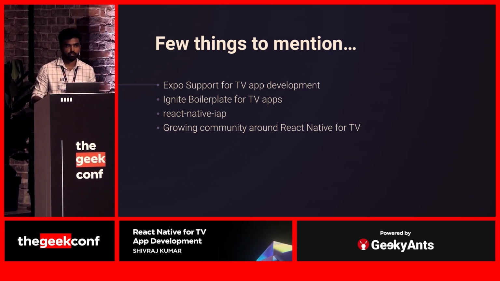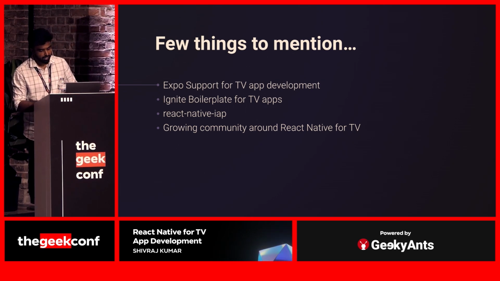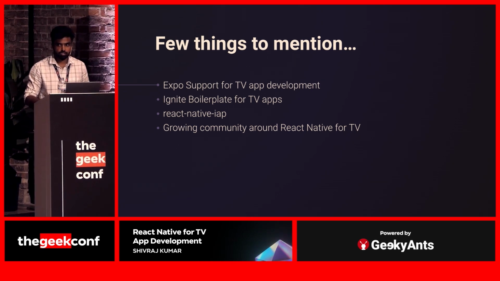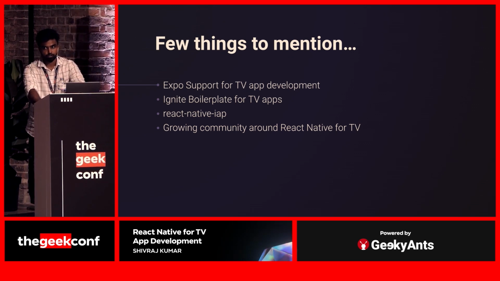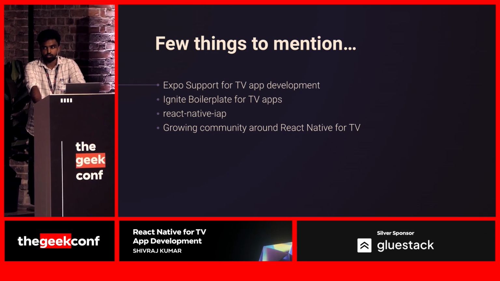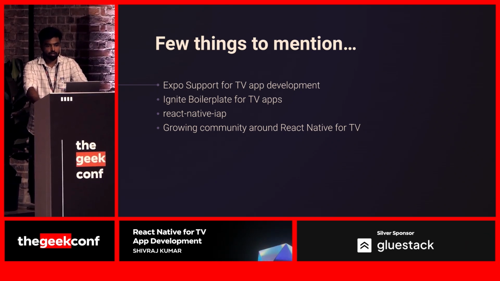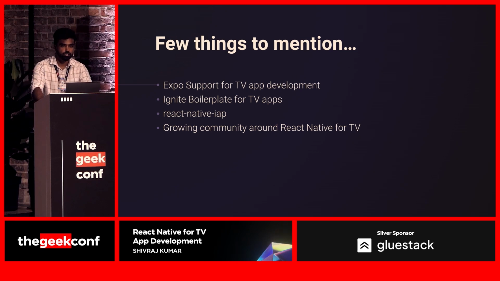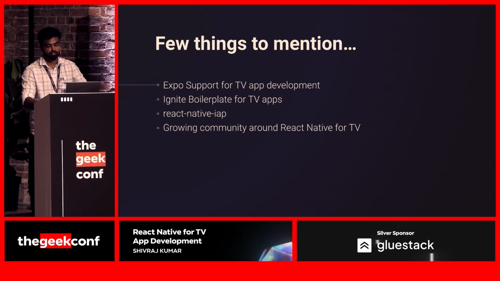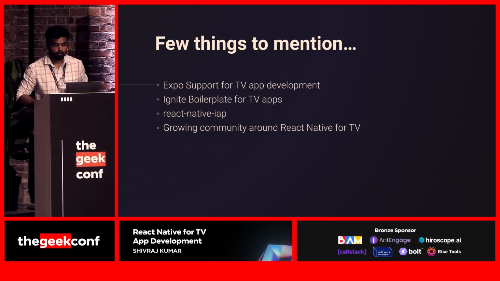We can use that to bootstrap our project for TV app development. Then React Native IAP, which is for in-app purchases, also works with React Native tvOS, so that we can target Apple TV, Android TV, and even the Amazon Store. And for testing, we can obviously use Appium, which works perfectly fine with React Native tvOS as well.